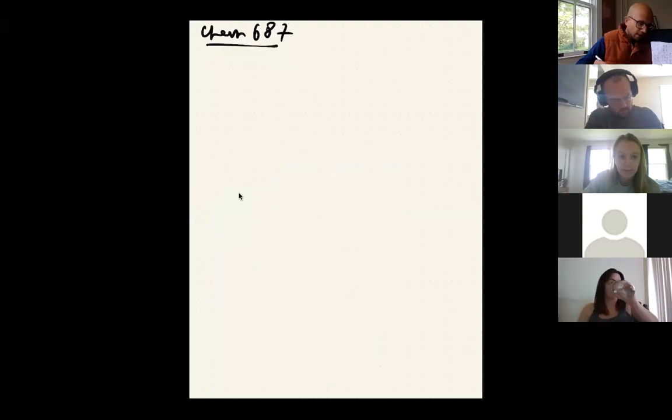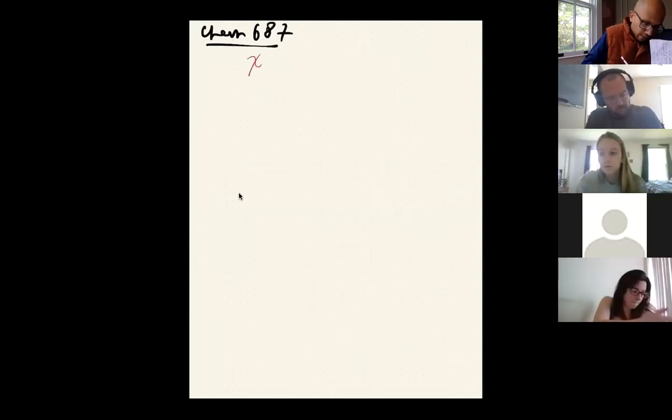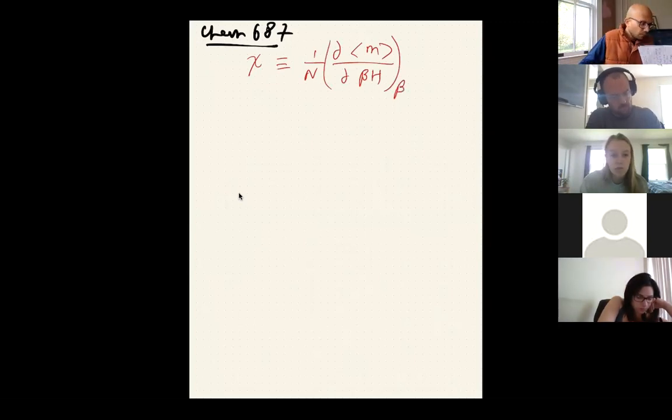So last time the key formula that we derived was chi, which is defined to be 1 over N times how the average magnetization changes with respect to the applied field at constant beta. So beta you could pull out, nothing really matters there.